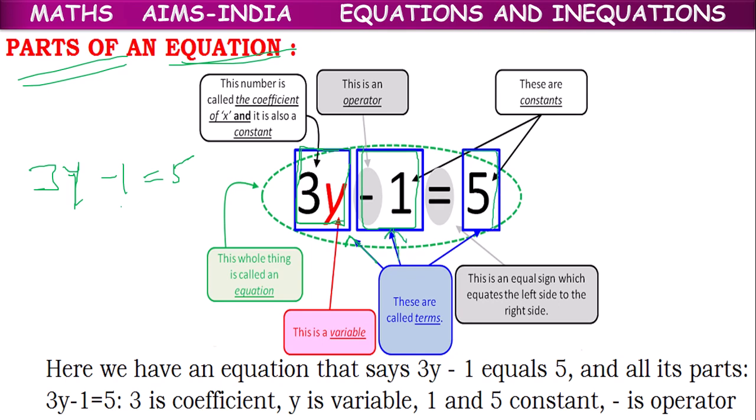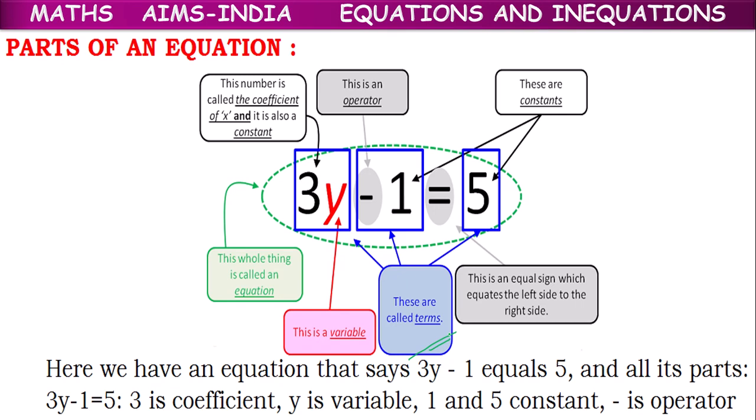The 5 on the right hand side is another term. So on the left hand side we have two terms, and on the right hand side we have one term.